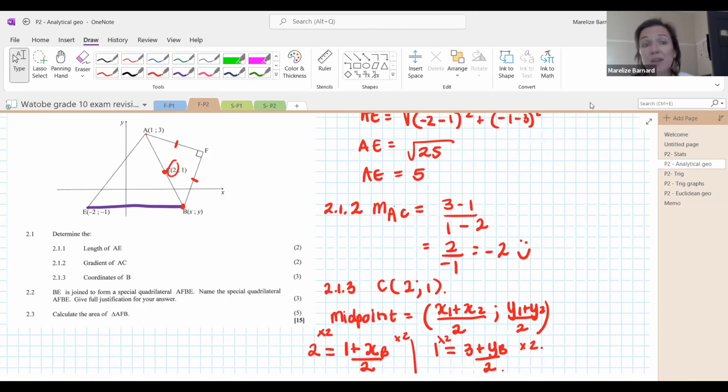So that only really leaves us with 2 other options. So what do you guys think? I'm not going to tell you. You can tell me. Mondre says it's a kite. I agree, Mondre. I think this is a kite. And why would you say it's a kite? What is your justification?